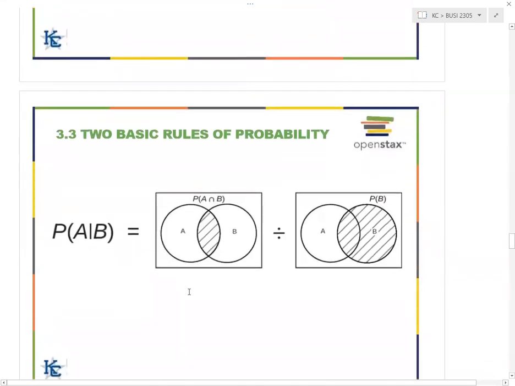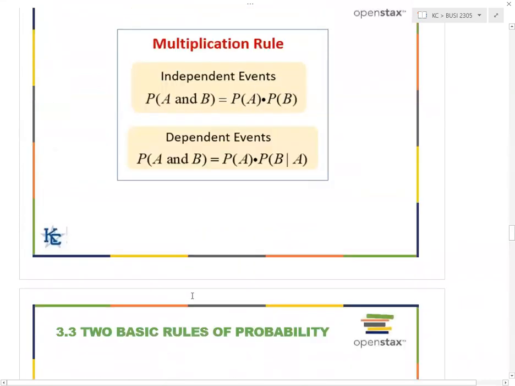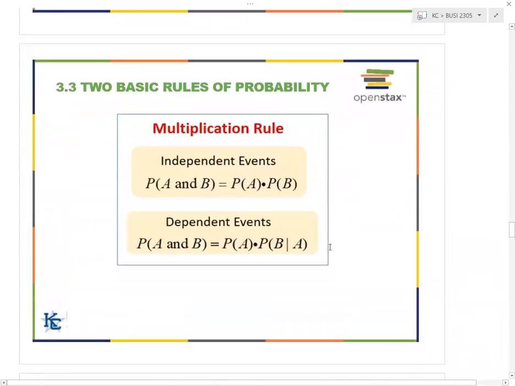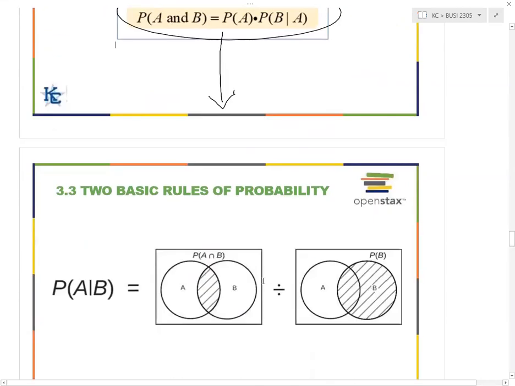And you can see here that from your multiplication rule, you could find your conditional rule. So for conditional probability, this rule right here for dependent events will give you this here.